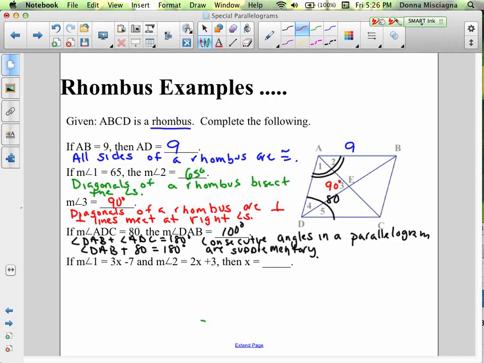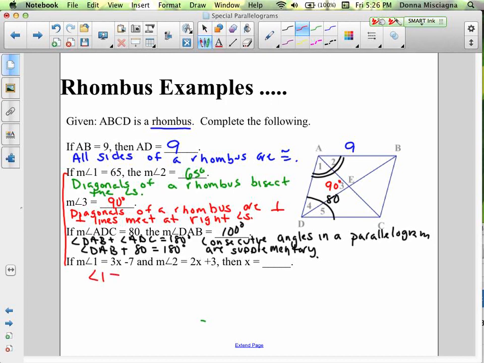And the last question is very much like this second question here. If the measure of angle 1 equals 3x minus 7 and the measure of angle 2 equals 2x plus 3, then x equals, right? So we know that these have to be congruent to one another, because that diagonal bisected the angle and created two congruent angles.